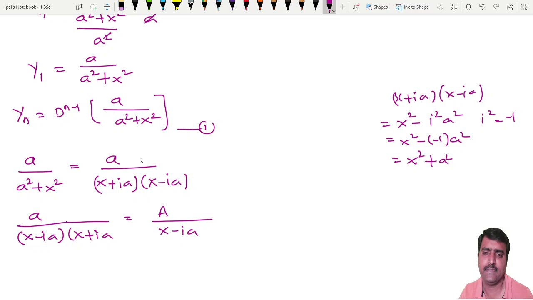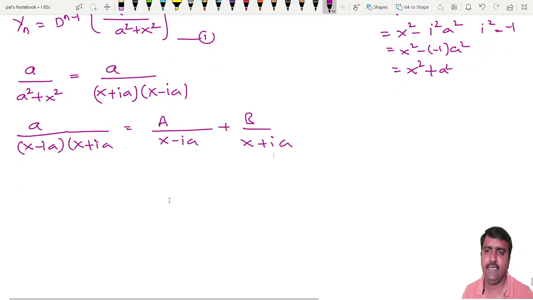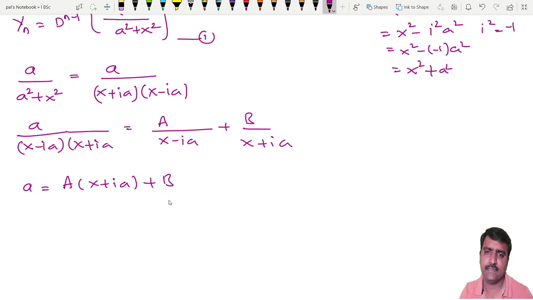It is A by x minus ia plus B by x plus ia. Now multiply throughout by x minus ia into x plus ia. Then a is equal to capital A into x plus ia plus capital B into x minus ia.